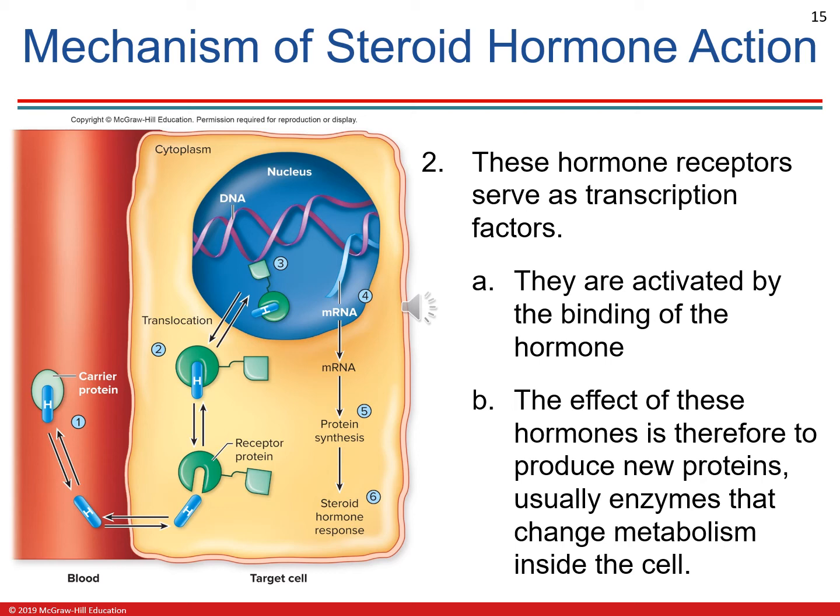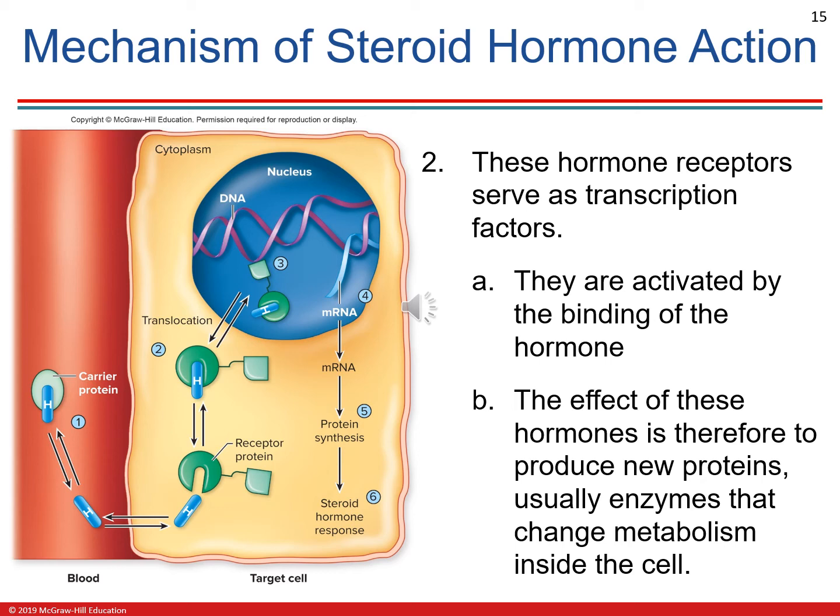That is the location of the receptor for steroid hormones. And the receptor is like a public transportation that helps that hormone walk into the cytoplasm and cross the nucleus membrane.